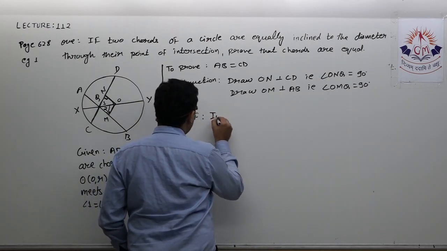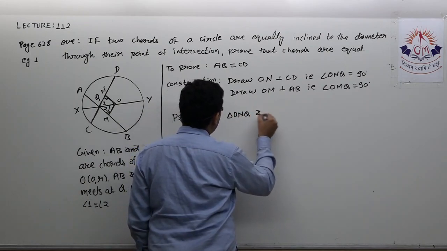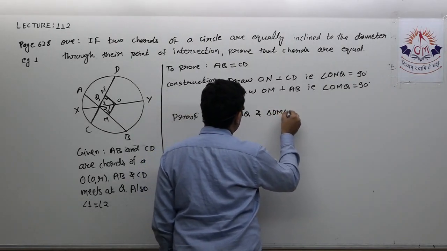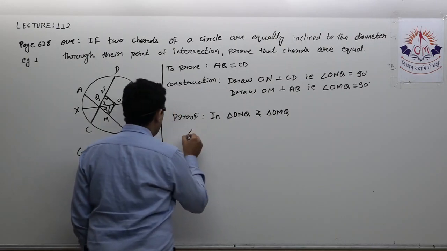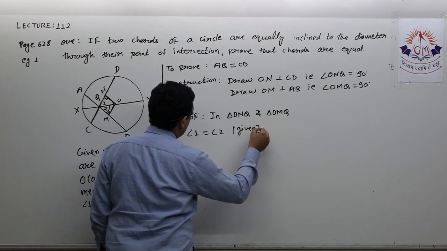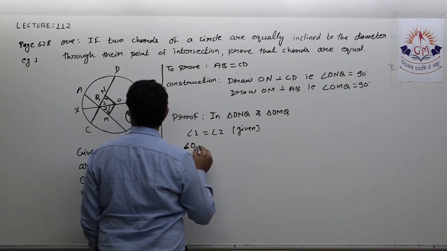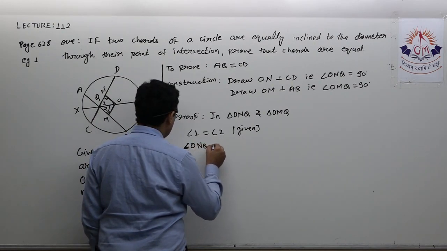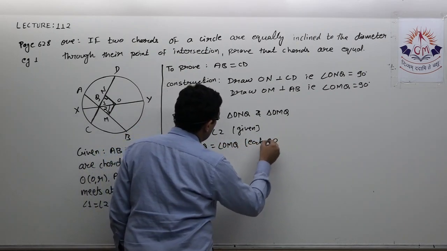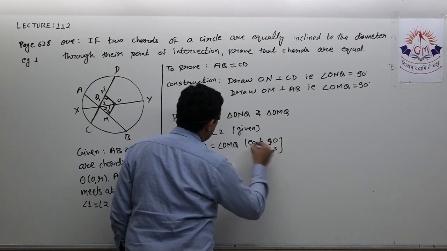So proof: in triangle ONQ and triangle OMQ, I can say angle 1 is equal to angle 2, that is given. Then angle ONQ is equal to angle OMQ, here I can write each 90 degrees by construction.